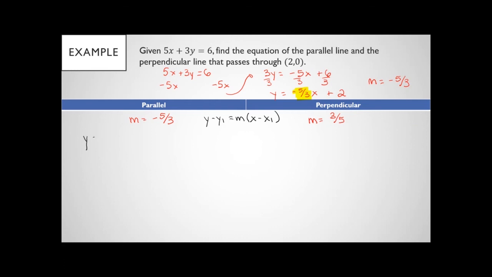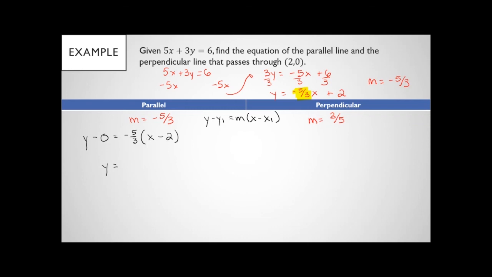So for the parallel line, I have y minus 0 equals negative 5/3, and then parentheses x minus 2, since the x value is 2. So that means on the left I just have y, and all I need is to distribute. I need to multiply through the parentheses.